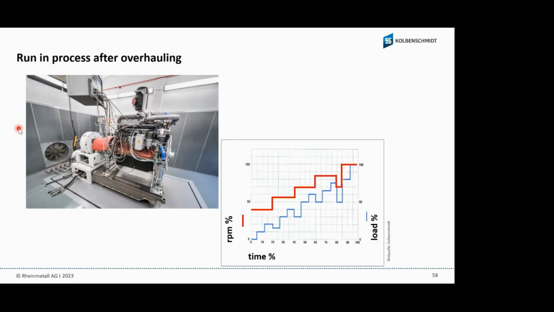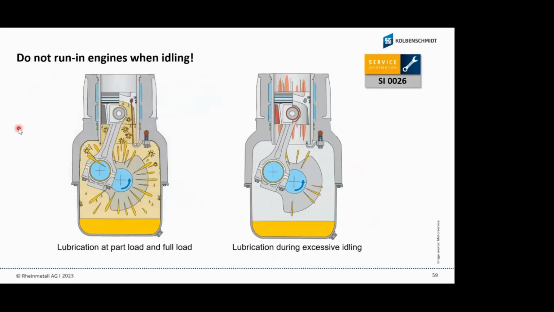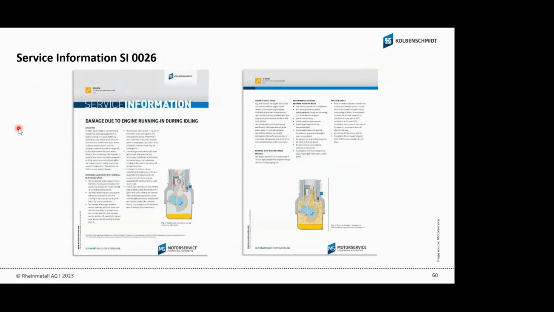This is also why we wrote a service information, lubrication at part load and full load lubrication during excessive idling. It means idling is not possible, and you can also find it in the English version, the service information SI0026.